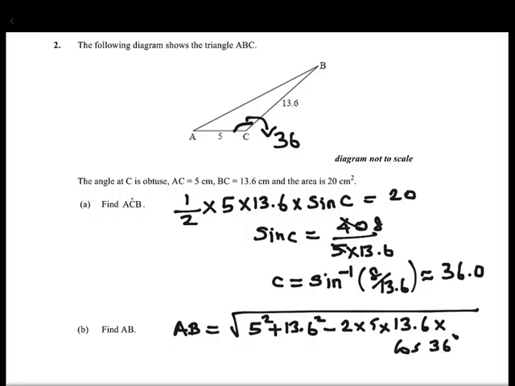Okay, so the length of AB will be approximately equal to 9.99668, which is approximately equal to 10.0. Okay, this is the answer.